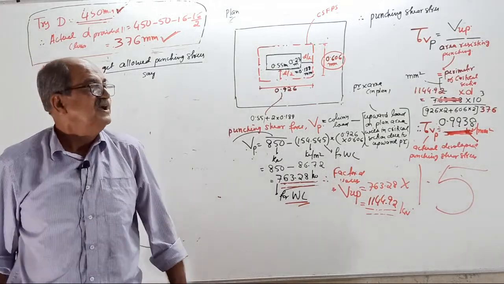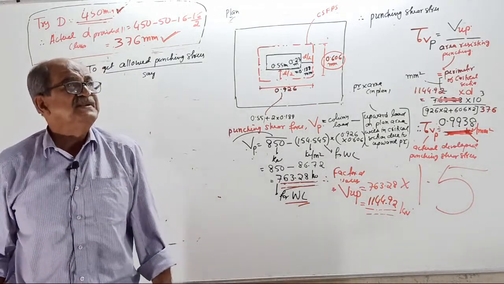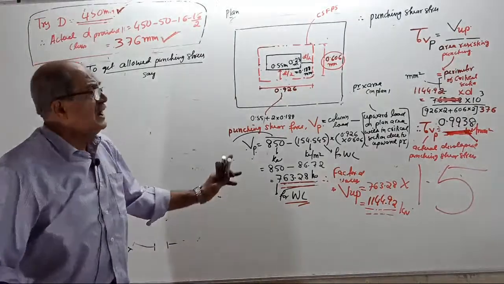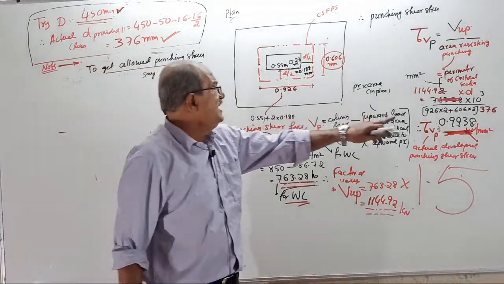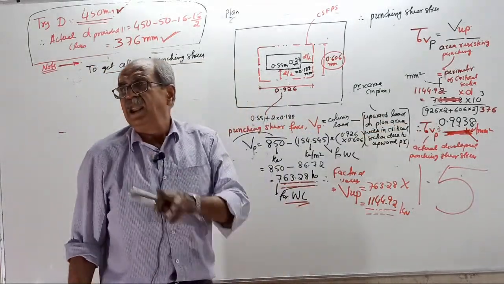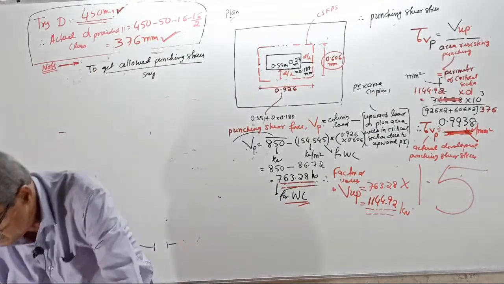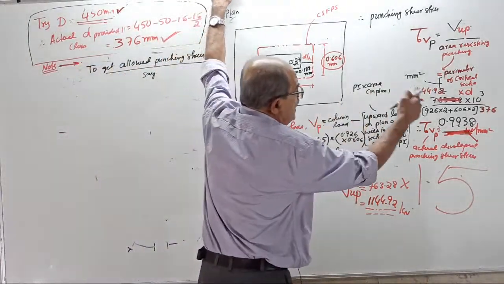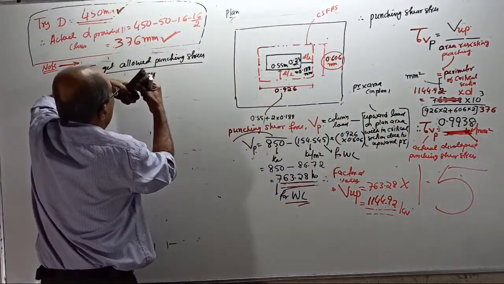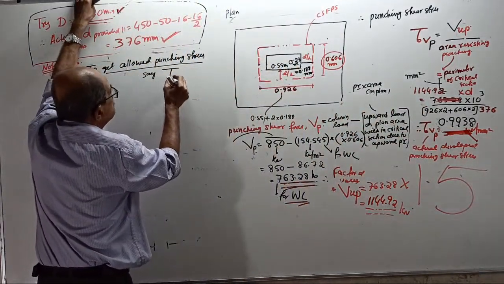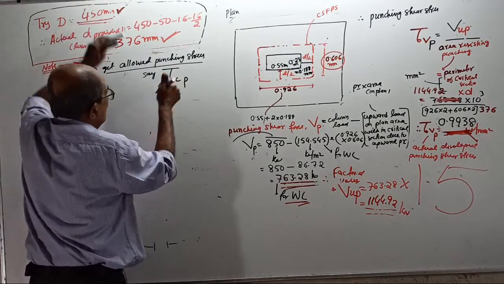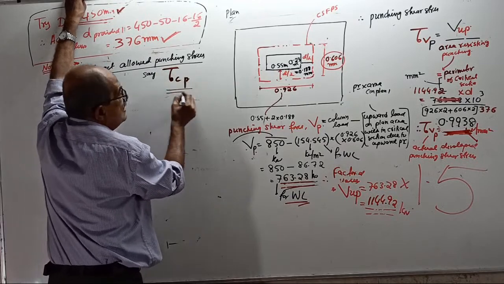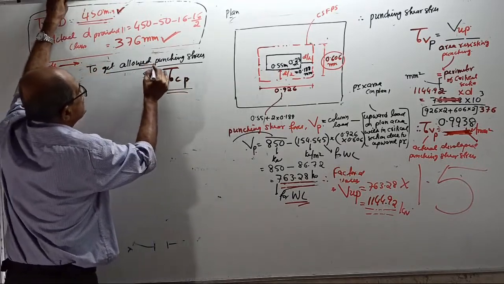Okay. Now, in usual shear so far, shear stress we call tau V, allowed we call tau C. Yes or no? Yes. Here, shear stress we call tau Vp, allowed stress say tau Cp. The symbol is same, tau C only. Tau Cp means the allowed stress in punching.